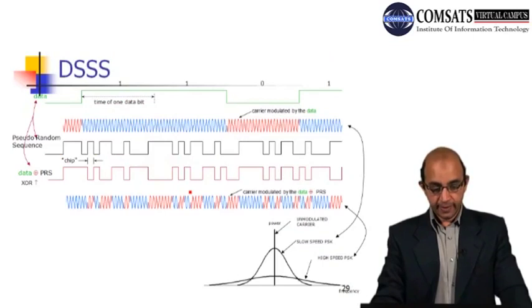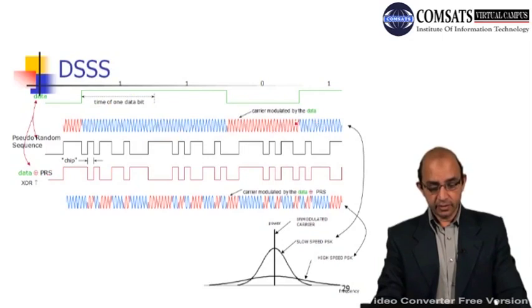Here we have the flow graph, or you can say the timing diagram, for direct sequence spread spectrum. You can see this is the data, the time of one data bit, 1 1 0 1, and here we have the carrier modulated by the data.